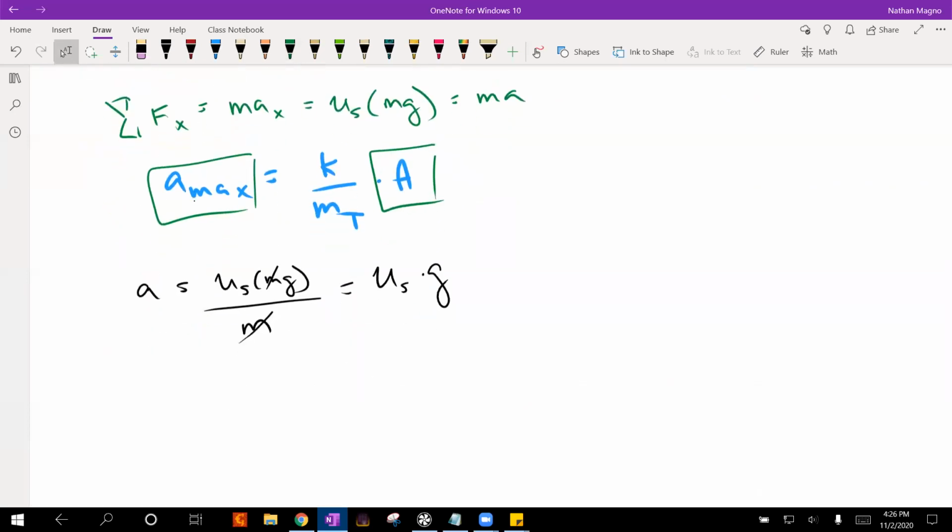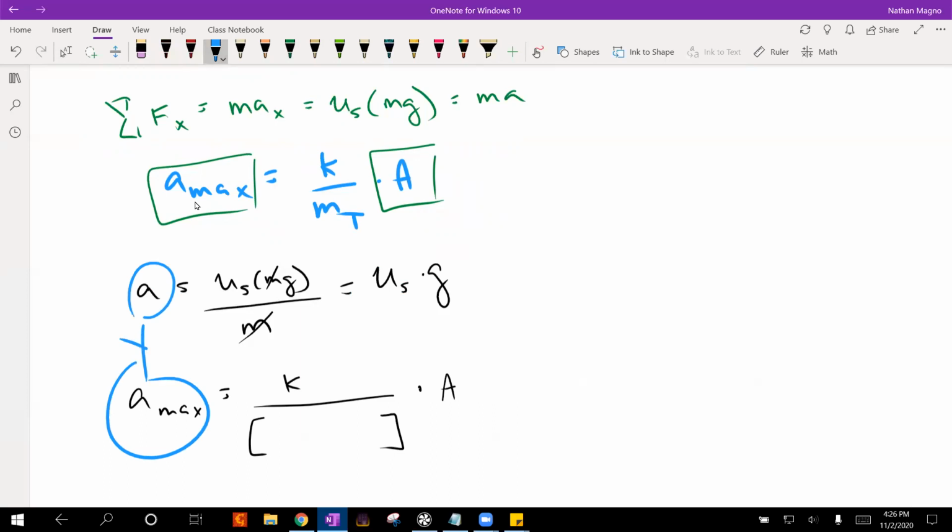Now, can anyone think of a trick right now for A max? What would I put in the mass box? Okay, so it'd be our bottom block plus our top block.